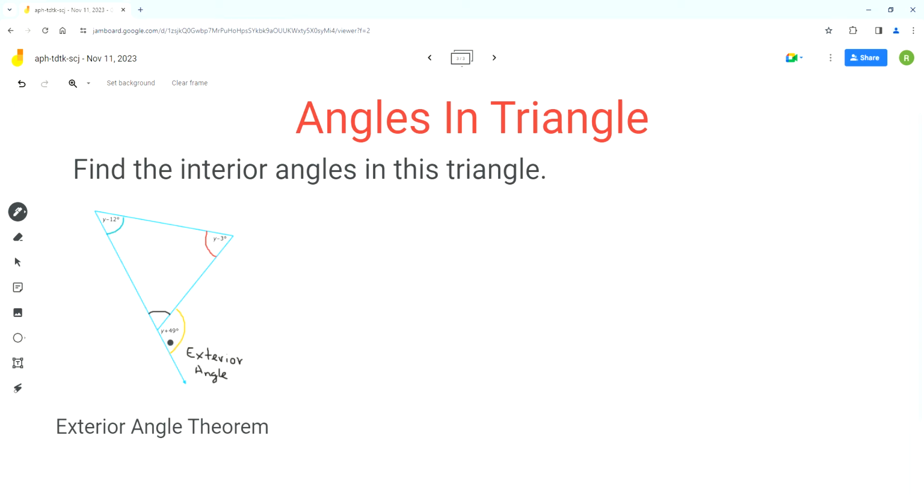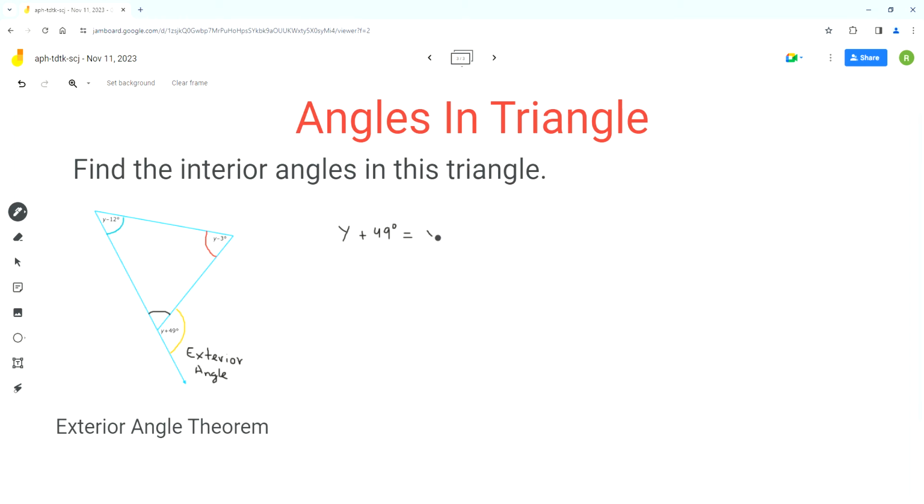So, for this exterior angle, the opposite interior angles are this blue angle and the red angle. So our first equation is y plus 49 degrees equals the sum of these opposite interior angles.